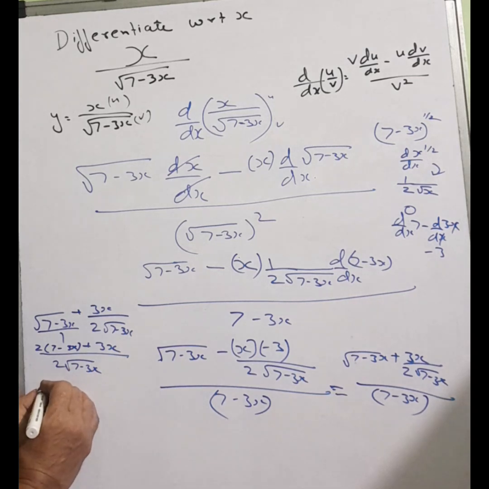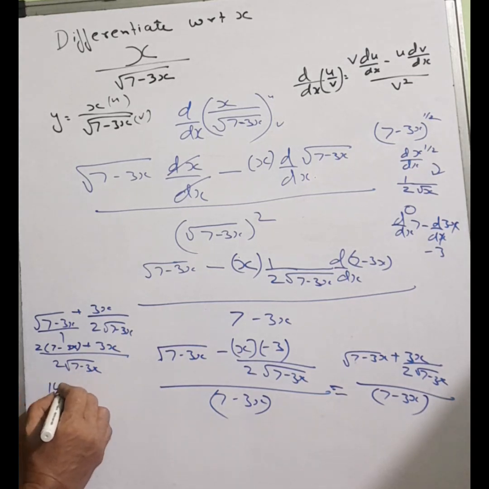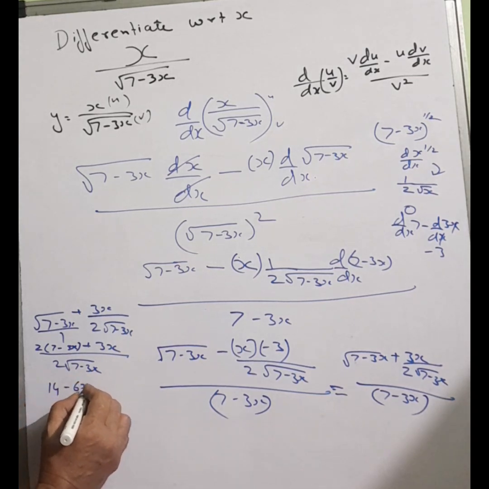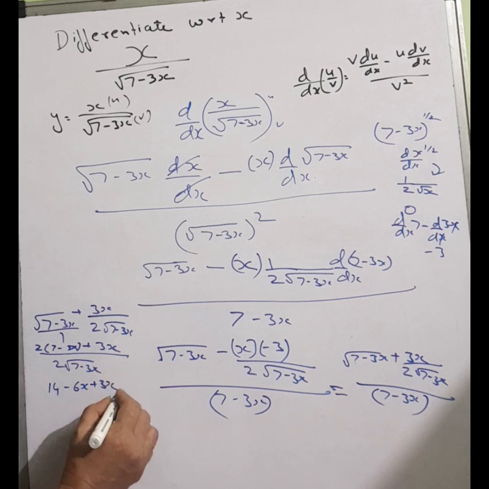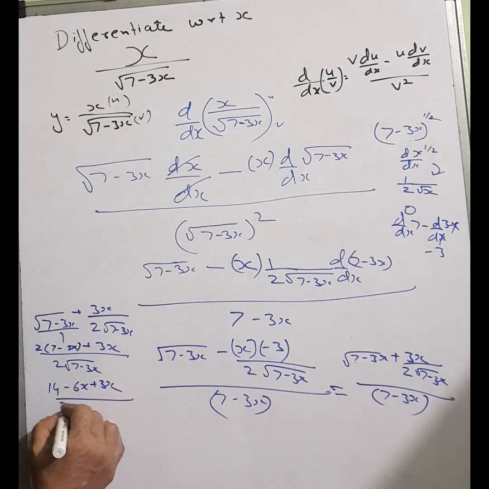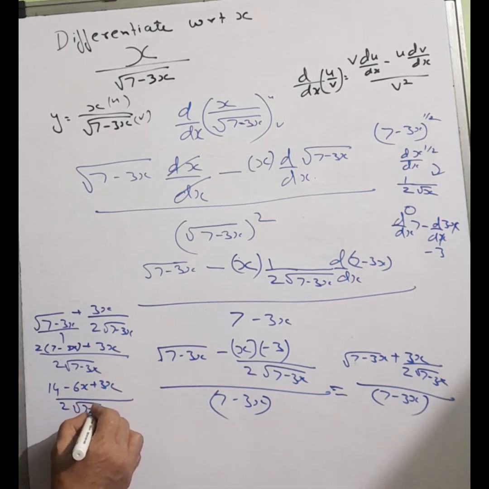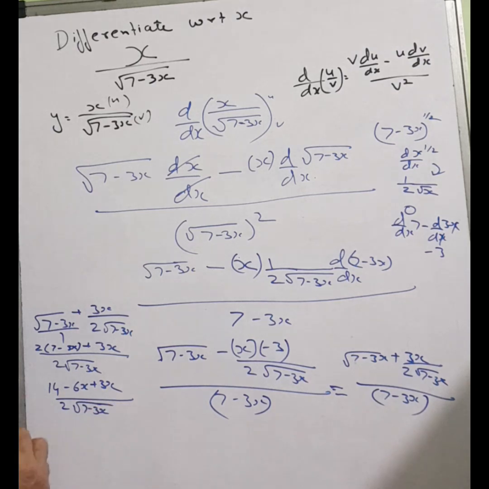So it would be the numerator part 14 minus 6x plus 3x upon 2 root 7 minus 3x. Alright, now if you solve this, it becomes 14 minus 3x upon 2 root 7 minus 3x.